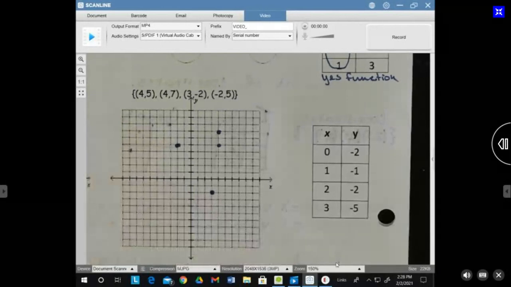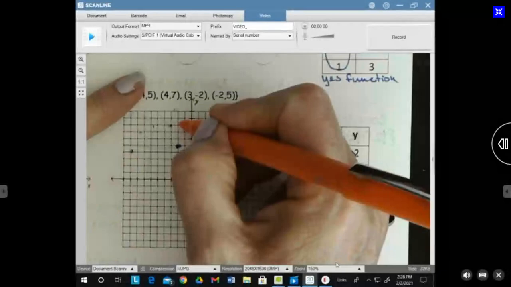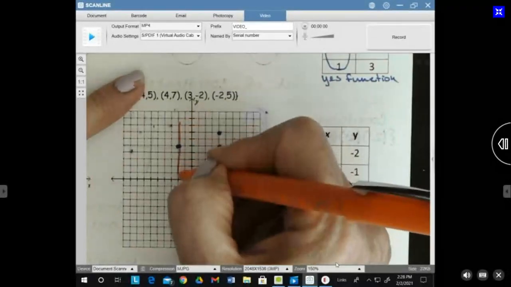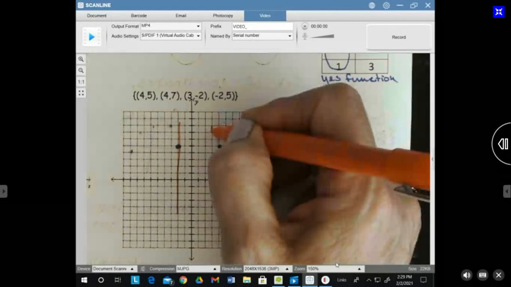All right. What happens if I draw a vertical line through this point right there? How many points on my graph do I intersect with? This one, right? What if I draw one here?